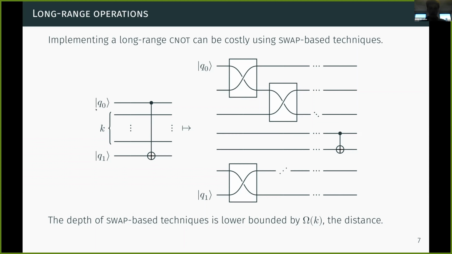If we have 2 qubits separated by a distance k, then this results in a circuit of depth lower bounded by order k, the distance between these 2 qubits.